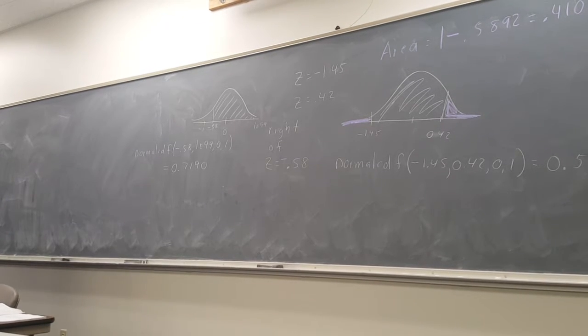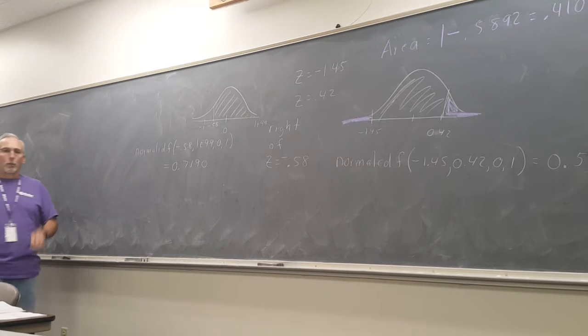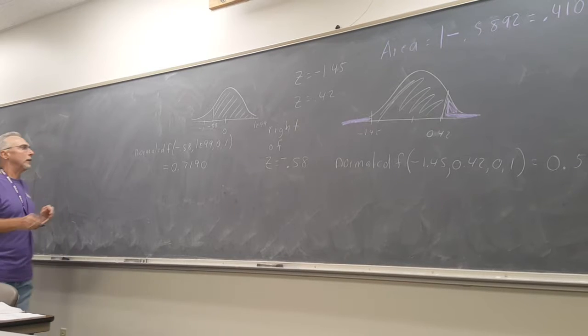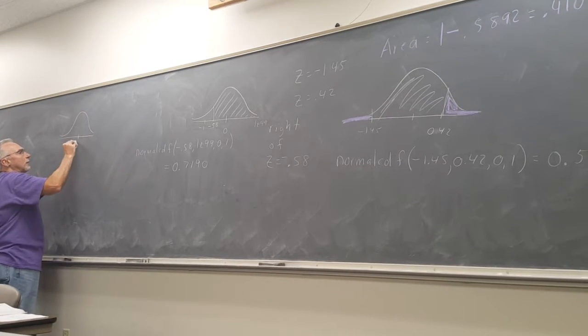Now, one thing she doesn't even talk about in these notes, at least that I saw, was a z-score. You guys did z-score before, so I wanna mention this. Again, a normal curve can have any mean we want and any standard deviation.